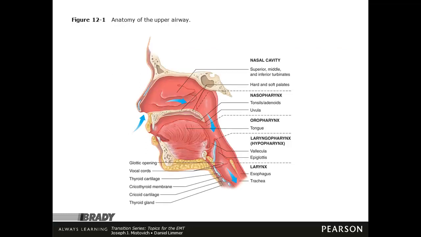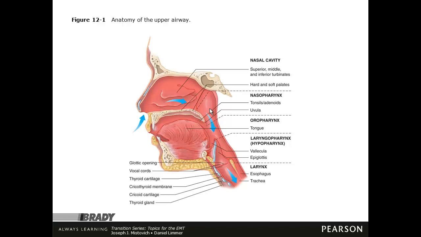This slide shows the main structures of the upper airway. In the nasal cavity, air flows past the superior, inferior, and middle turbinates, which are curved bone structures covered with mucous membrane that moisturize and warm the air as it moves through the nose.